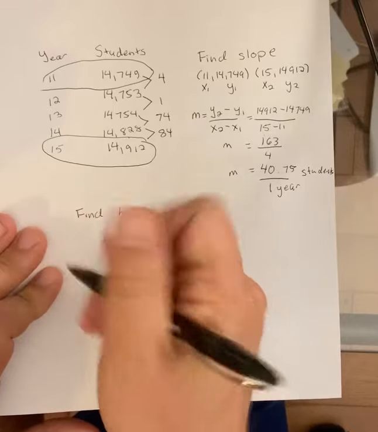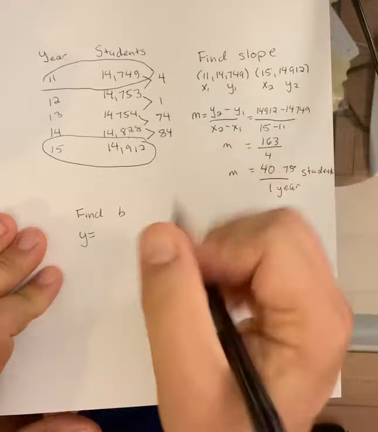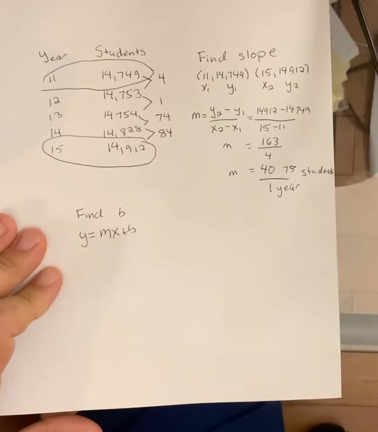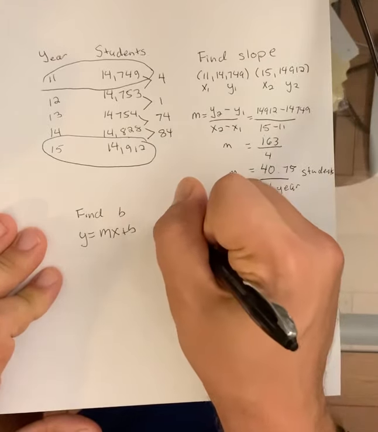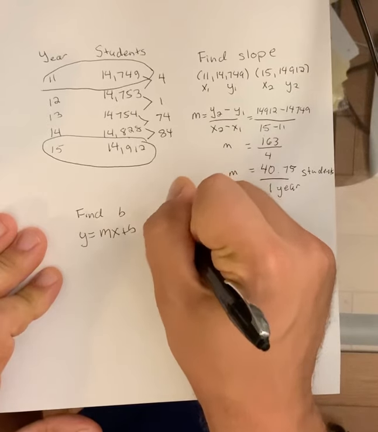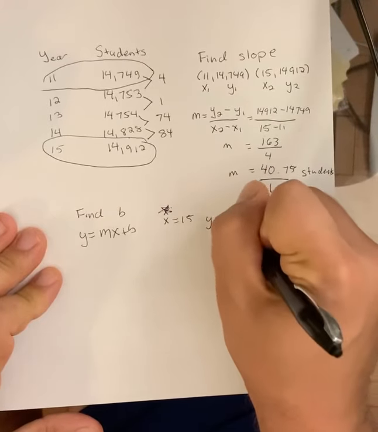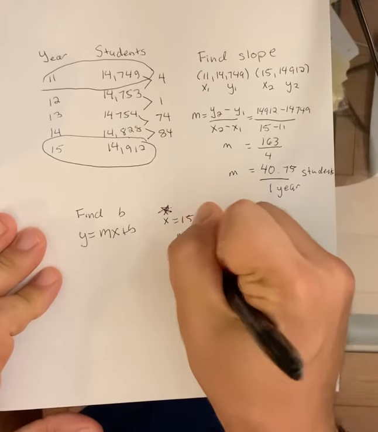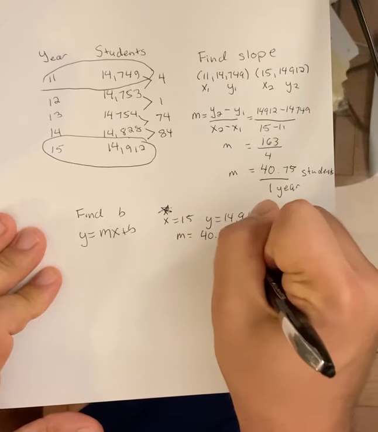So what we do there is just write the general form of slope-intercept form, so y equals mx plus b. And then I'm going to substitute in our last value: x equals 15, and y is equal to 14,912. And also we know that our m value is 40.75.